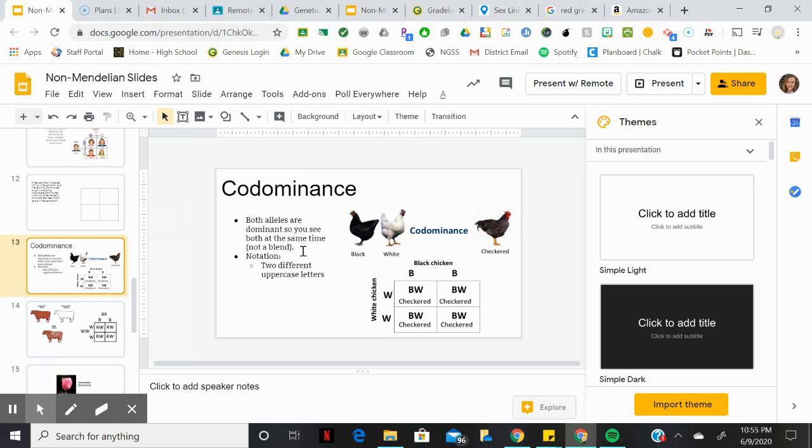So in chickens, this chicken would be big B, big B. This chicken would be big W, big W. And then when they have offspring, it's a big B, big W, and you have a checkered chicken, both black and white feathers, not gray feathers. That would be incomplete dominance. You see both at the same time, okay?